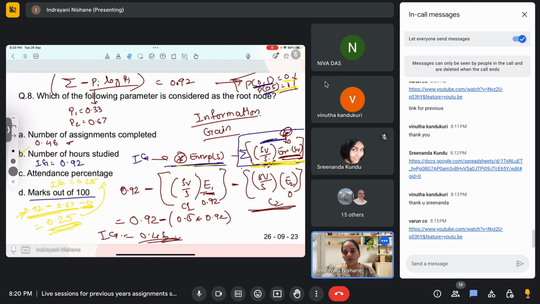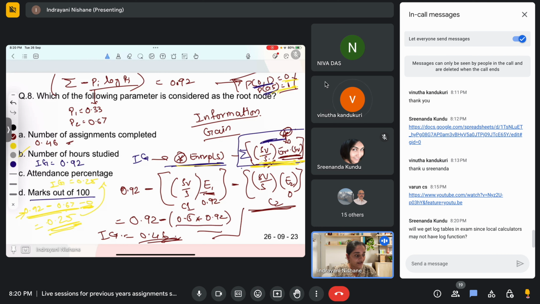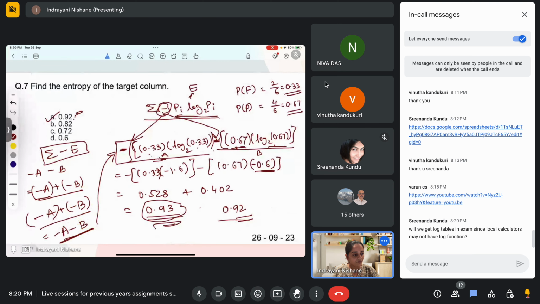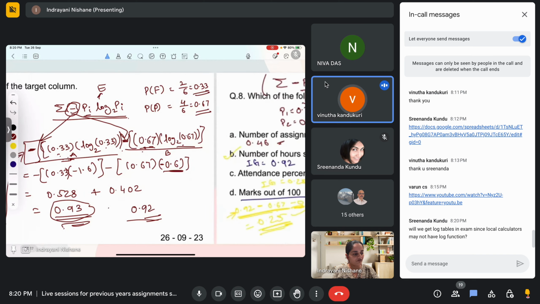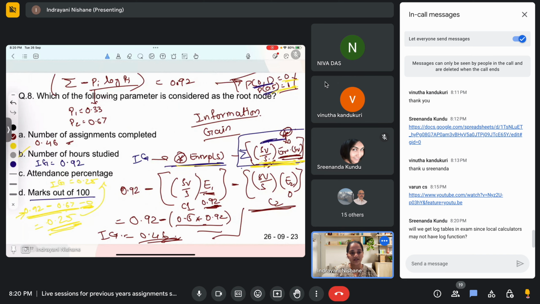Only for the one done over here did we calculate entropy and then multiply. The probability values were the same, so we did not do any complex calculations.